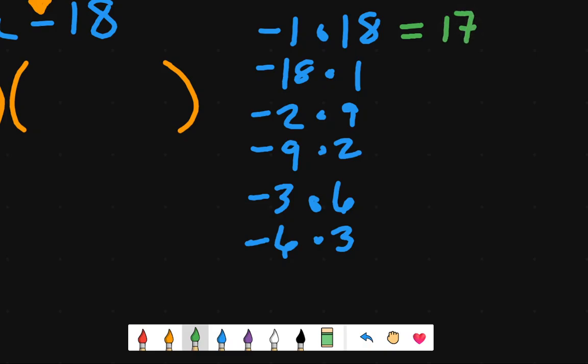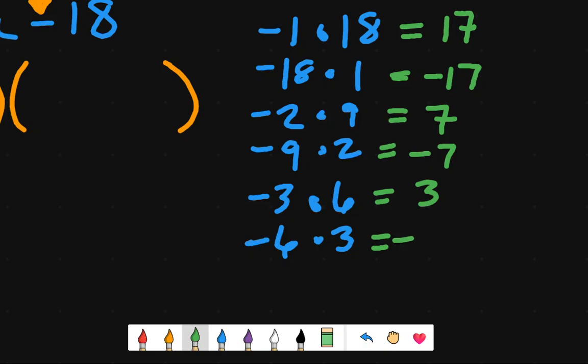Negative 18 plus 1 would give us a negative 17. Negative 2 plus 9, that will give us positive 7. Negative 9 plus 2 would be a negative 7. Negative 3 plus 6 will give us a positive 3. A negative 6 plus 3 will give us a negative 3.